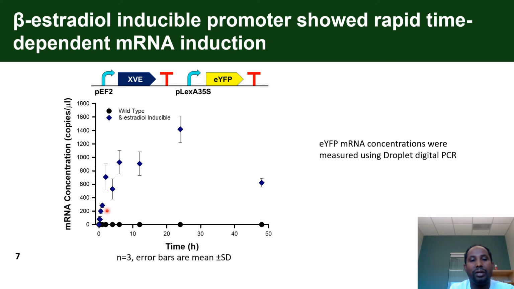We observed significant accumulation of messenger RNA within minutes of inducer application, and it saturates after 6 hours, which is much faster than the one observed in the fluorescent data, 20 hours faster to be exact. This shows that our system is robust and tunable in a time-dependent manner, both at translational and transcriptional level.